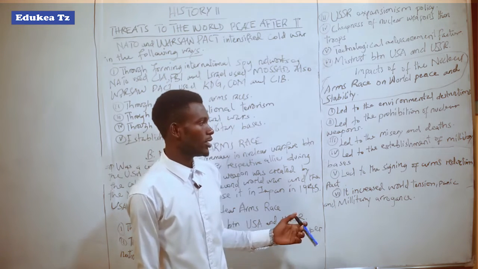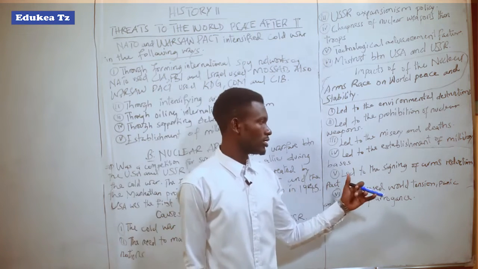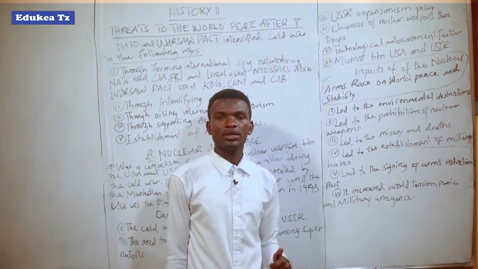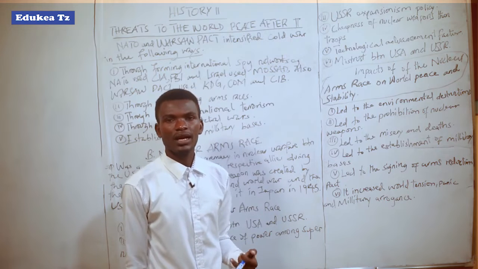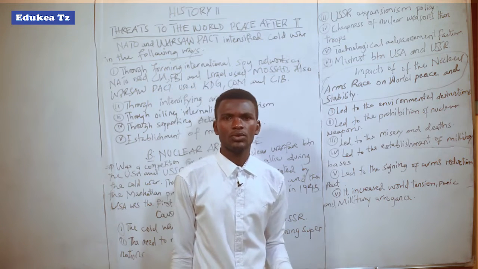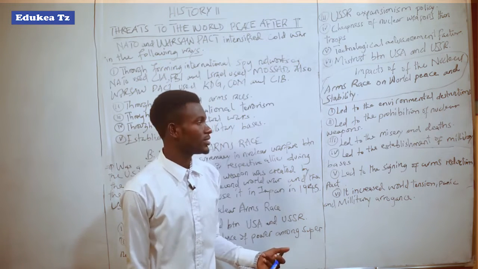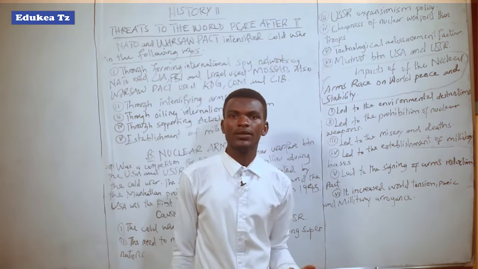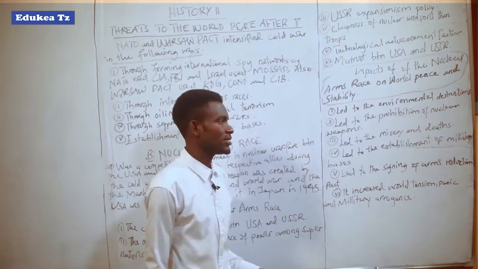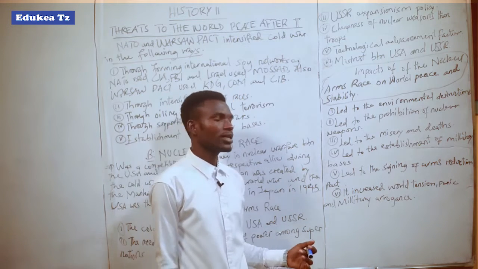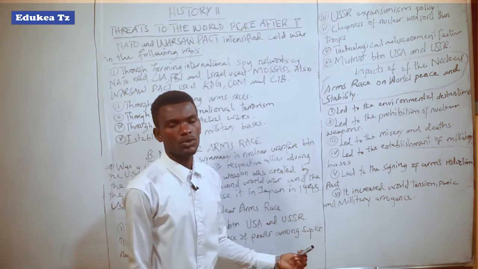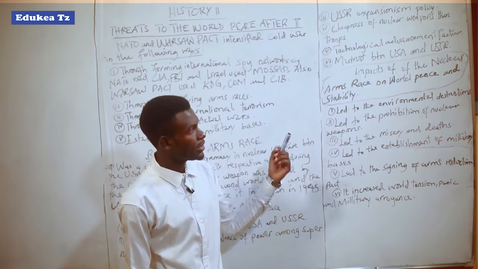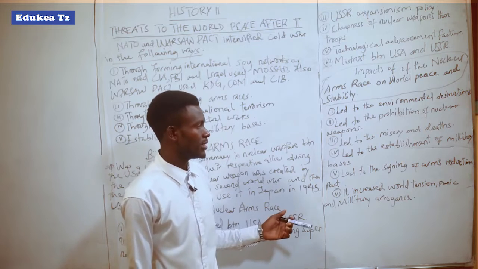For example, the USA established military bases in Kenya, in South Africa, and other capitalist nations to defend or protect their influence against invasion from their enemies. And the USSR did the same, introducing military bases. So this was another impact of the nuclear arms race.